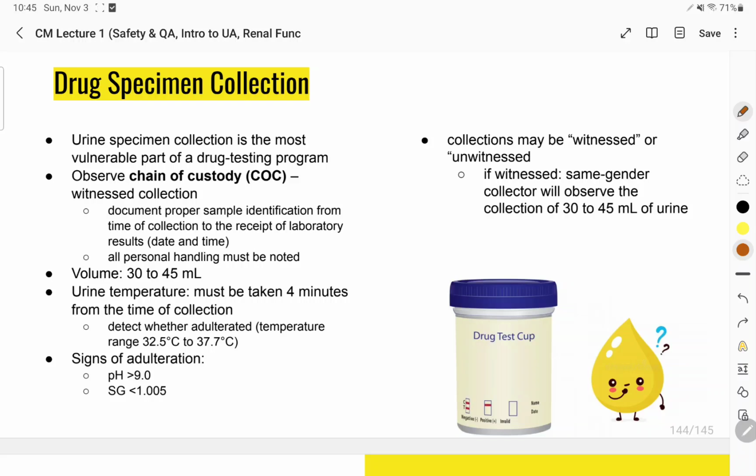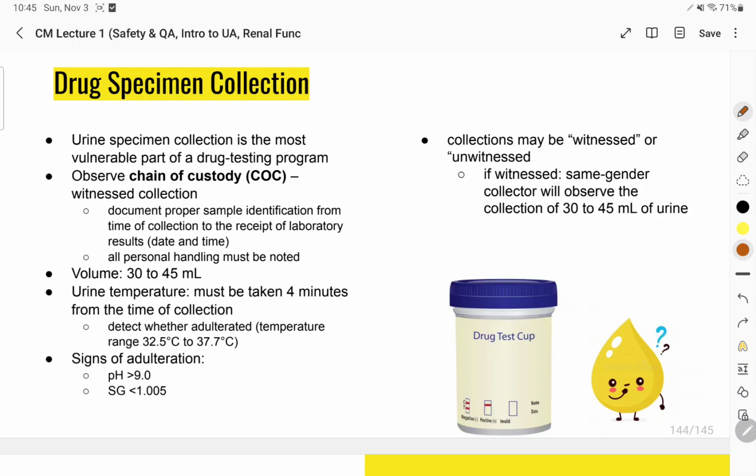Okay? So, chain of custody is the process that provides documentation of proper sample identification from the time of collection until it is received by the laboratory, or until the laboratory result is received. So, every step of the testing is documented, from the collector until arrival at the laboratory.